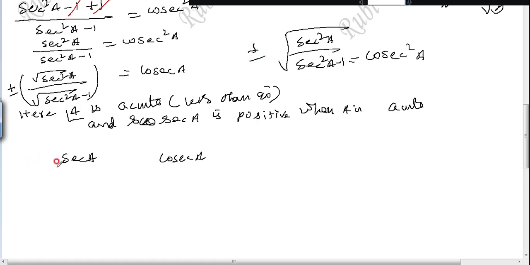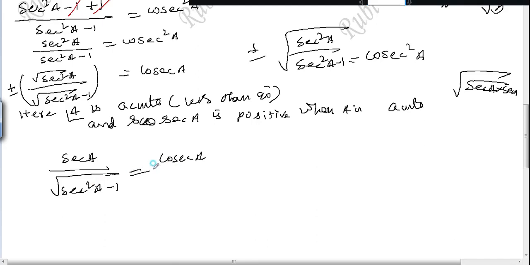That means plus secant squared A means secant A into secant A. Out of two elements, you have to take one, secant A. Denominator, secant squared A minus 1 as it is. So, cosecant A equal to secant A divided by root of secant squared A minus 1. Do you follow?